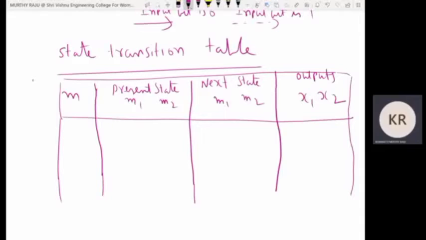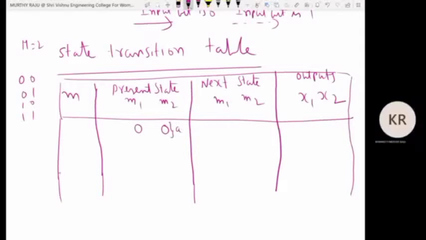Consider here 0, 0, capital M is equal to 0. 4 states are possible: 0, 0, 0, 1, 1, 0, 1, 1. Consider present state is 0, 0. That means A, with the input bit M is 0.